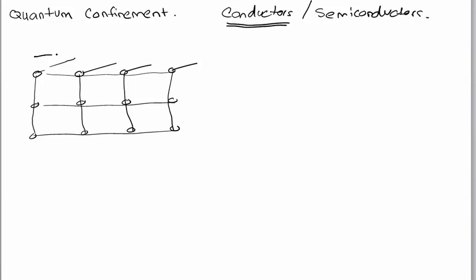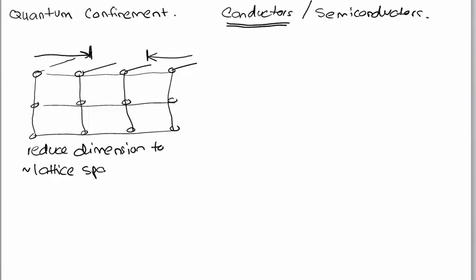If we bring at least one dimension of this crystal lattice to a size that's on the order of the spacing between atoms, so reduce the dimension to something on the order of magnitude of lattice spacing, approximately the lattice spacing, well, then we can begin to confine these electrons.